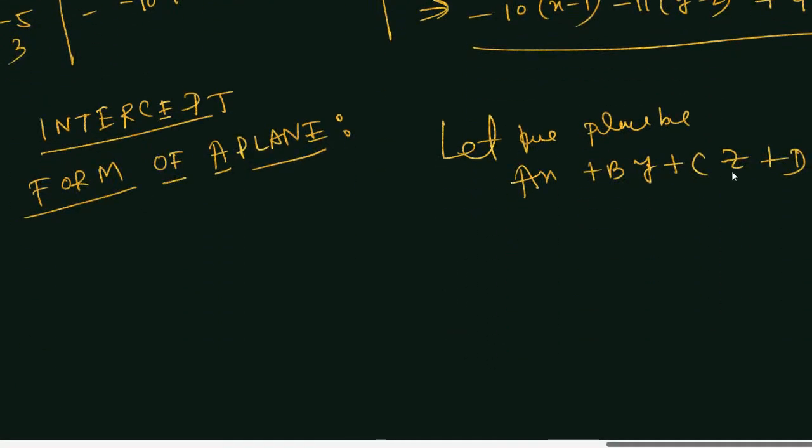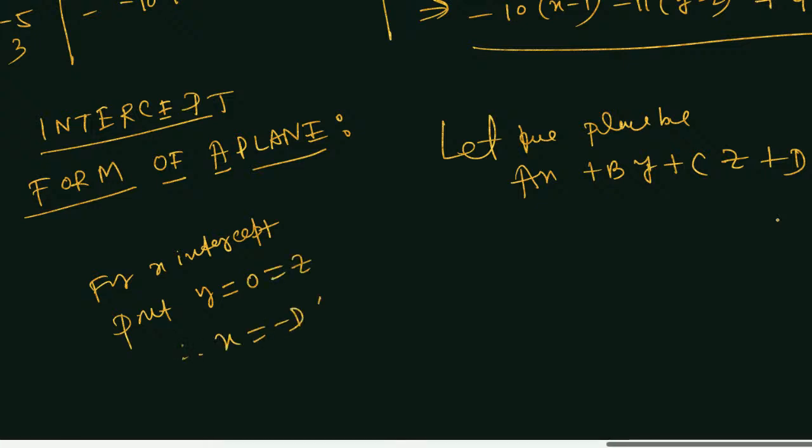How to get its point of intersection with the x-axis? For the x-intercept, what to do? Put y equal to 0, z equal to 0. So x will be what? Minus d by a.